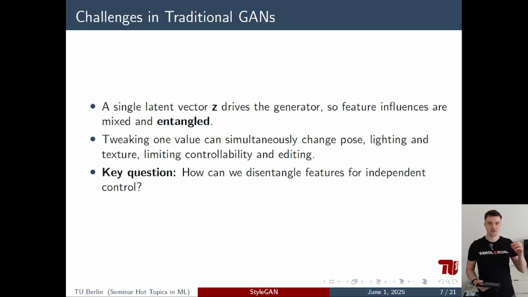If you are changing some single component of this vector Z, you are changing the whole image, or you are changing simultaneously many features of the person. For example, the key question again is, how can we disentangle features for independent control? Yeah, we really want this separate control over each attribute of the image.